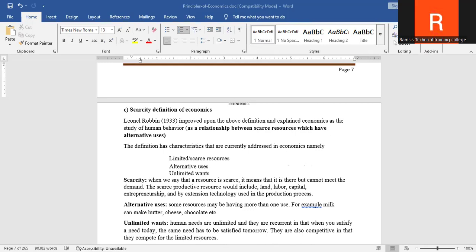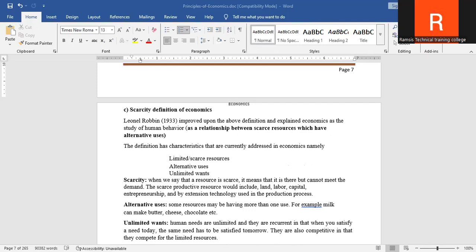And the other reason why it is very difficult to satisfy human wants is that they are repetitive. And that means that people will always strive for more resources. And then the other reason is that they continually change with time and other factors like age and gender.